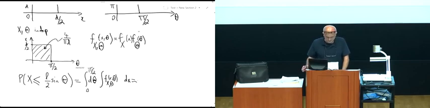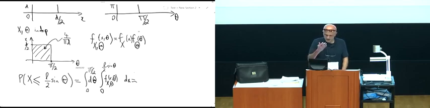Okay. What do I have for the limits? I'll take a volunteer. X goes from what to what? Go ahead. What's your name? Adrian. Go for it, Adrian. L over 2 sine theta. And our density is nice.